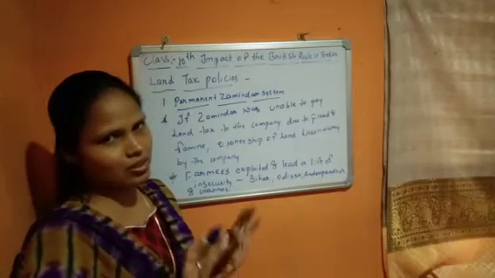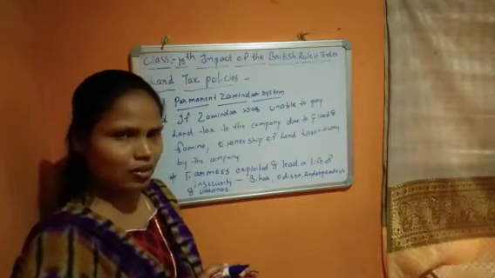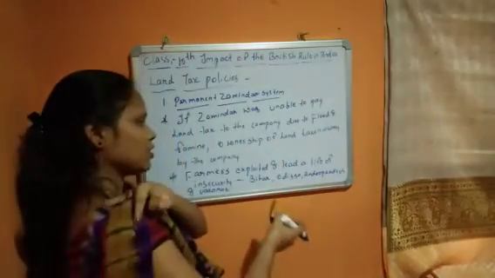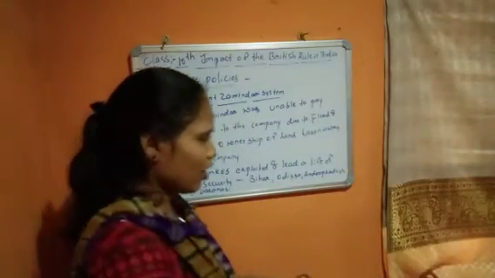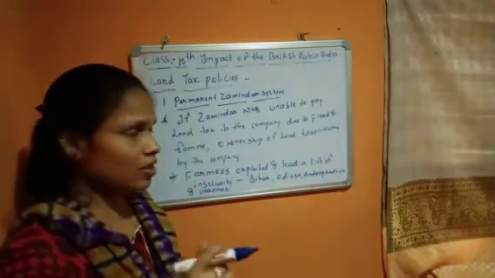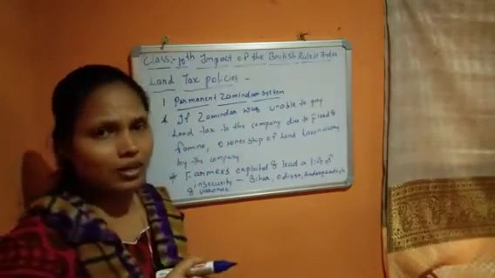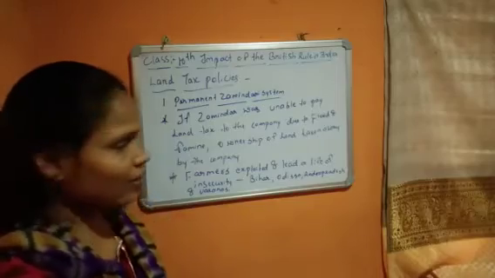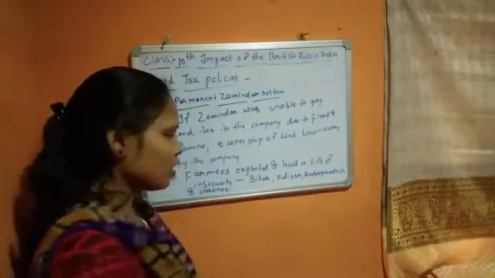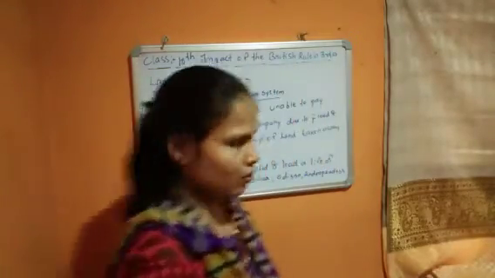These 6 points are enough for a 3 mark answer. Next, this permanent zamindari system was first implemented in the Bengal region. Later, it was extended to Bihar, Odisha and Andhra Pradesh, then Varanasi regions also.